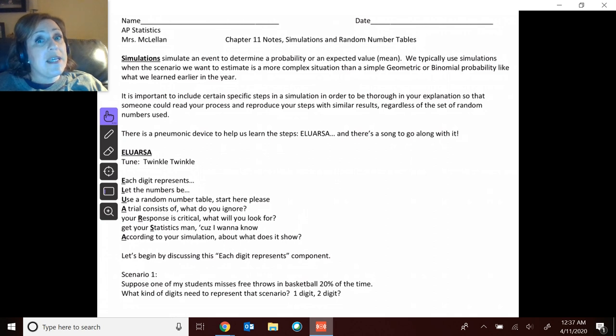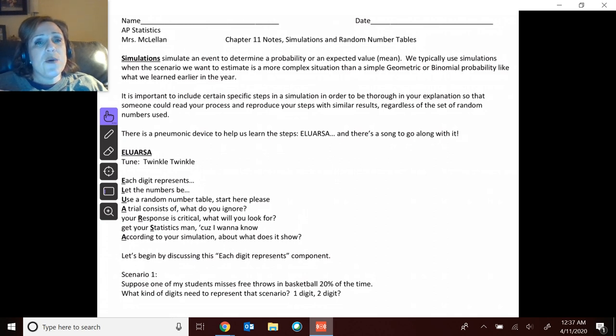Geometric 1 over p, binomial n times p. We typically use simulations when the scenario is something we want to estimate, and it's a more complex situation than just those simple geometric and binomial probabilities that we learned back in December.